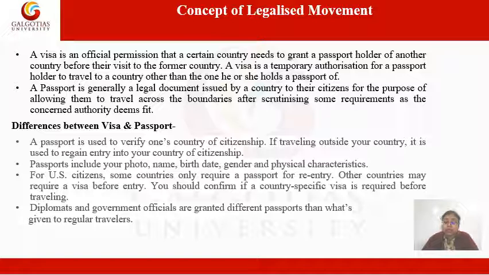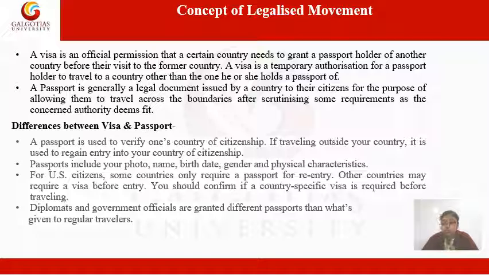So it becomes very clear what the purpose is for which you are going to that particular country. This is the basic difference between visa and passport. It does not mean that if you have a passport, you impromptu get the authority to travel into a foreign country, and without a passport you can never get a visa.